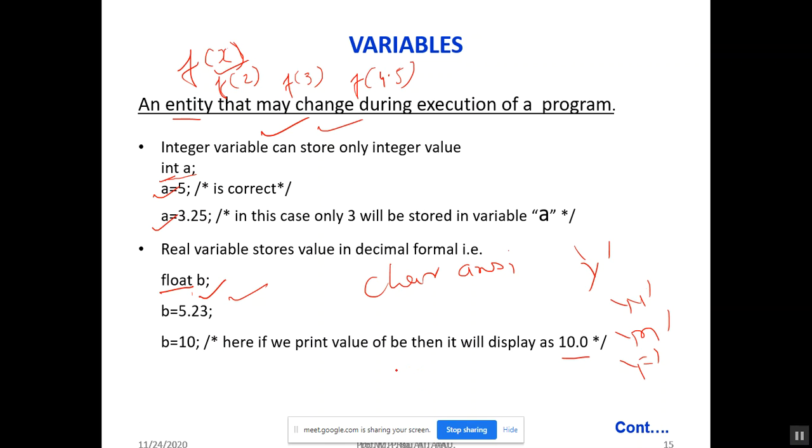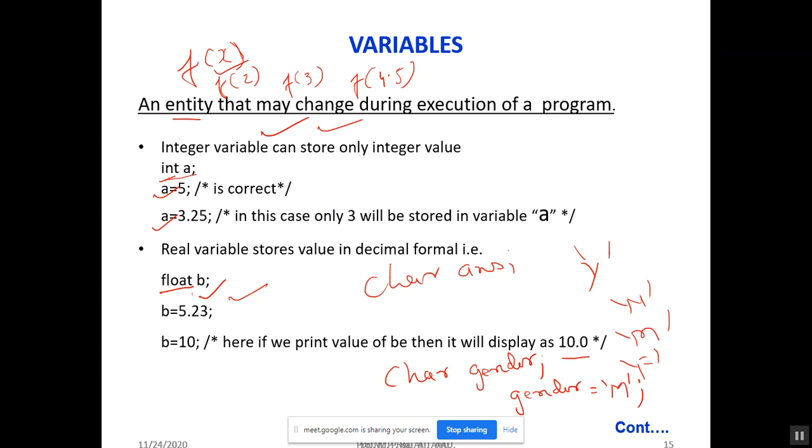For male and female, I can declare character gender. Is this clear? And within gender, I can say equal to, within single quote, I will write male. Understood? Yes, sir. Any doubt in this?